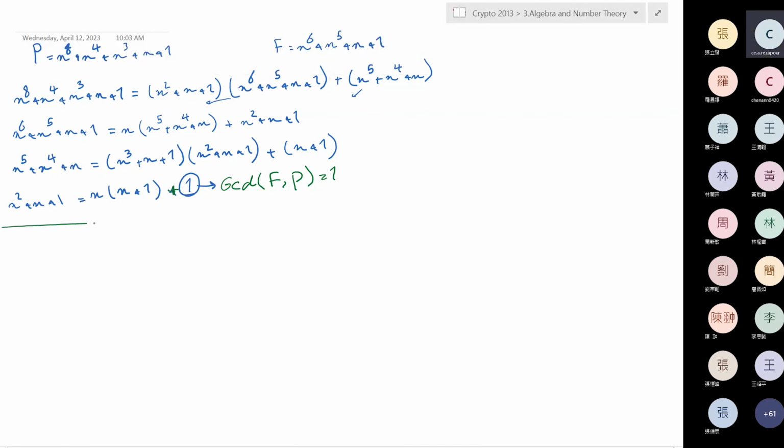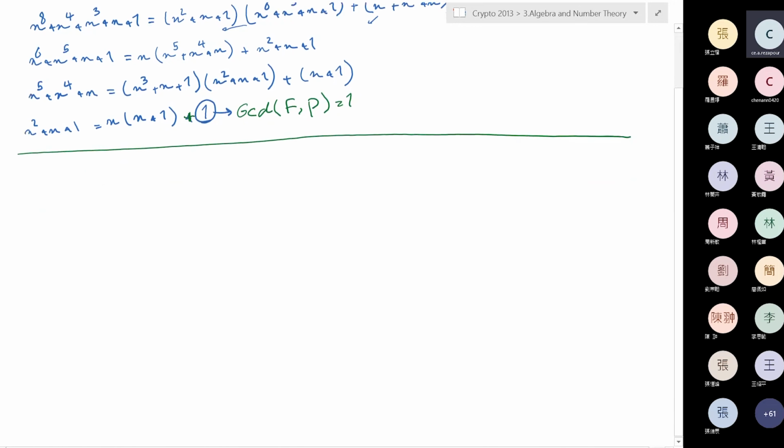All right, so let me change my color so that we don't get them mixed. I need your full attention from here because it gets a bit tricky, you might get lost. So just follow with me to rewrite this equation backward, and then we will be able to compute the inverse of P. Remember that the way we want to compute this inverse, we are going to use the extended Euclidean algorithm from now on.